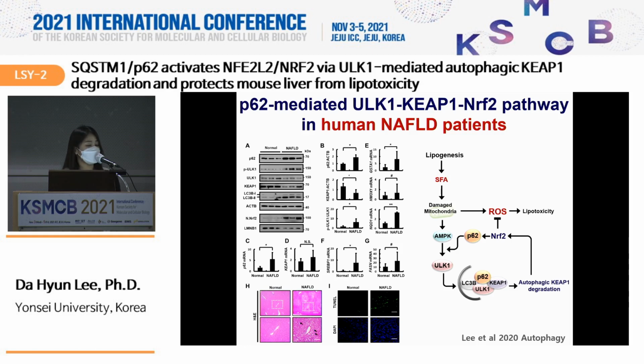Also, ULK1 phosphorylation induced autophagic KEAP1 degradation followed by NRF2 activation with NRF2 target genes in NASH patients. At the same time, oxidative stress-mediated liver injury was upregulated in NASH patients. Therefore, these findings provide important insight into the clinical significance of the proposed mechanism.